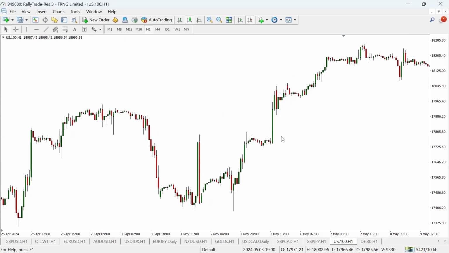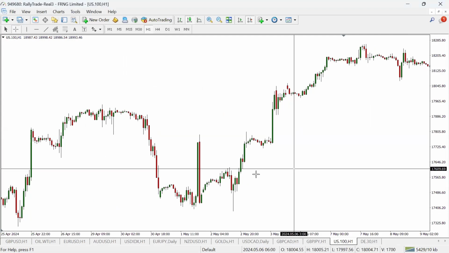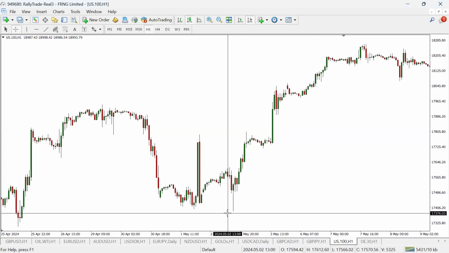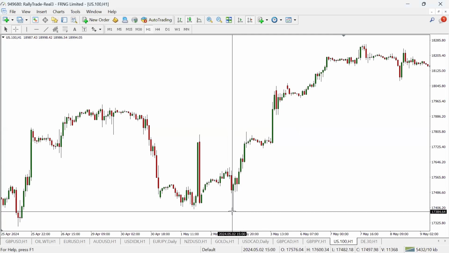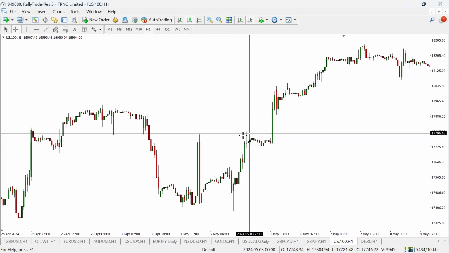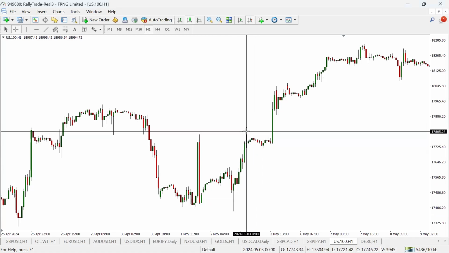Is it an uptrend or a downtrend? How you identify the uptrend is, like I said, mark the lowest point you can see and also the highest point. The lowest point I can see on this chart is this level here. This is a low, and this is a high.